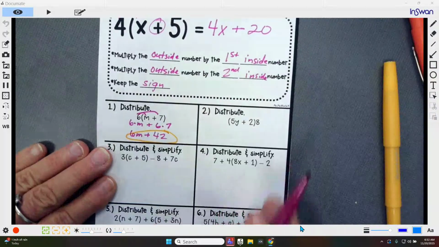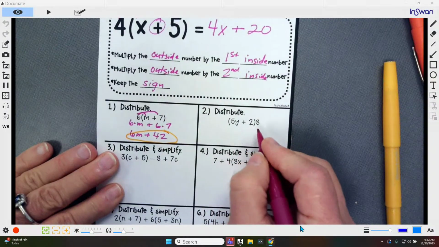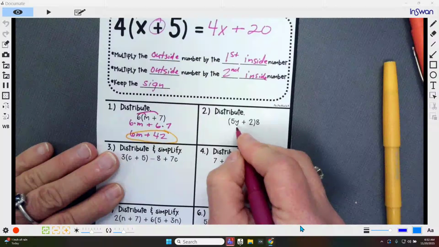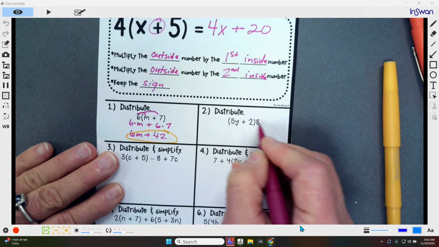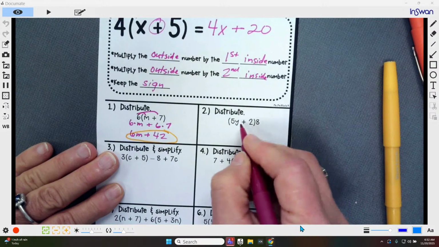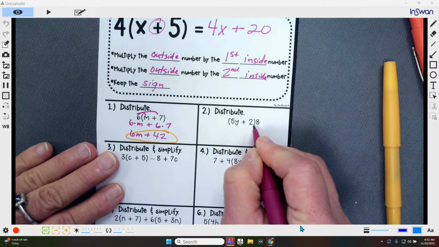When we look at number 2, we have the quantity of 5y plus 2 times 8. You're going to do the same thing and multiply the first and the second terms times the number outside. It doesn't matter that this 8 is on the outside.